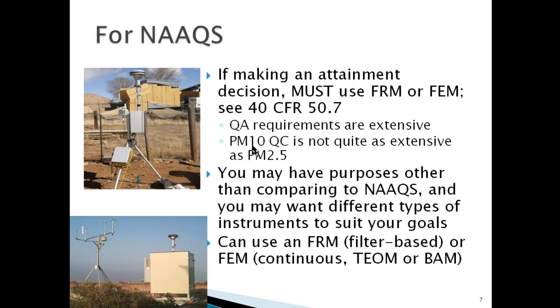A colleague of mine monitors for PM10 at the White Mountain Apache tribe, about 4 hours east of me here in the White Mountains in Arizona, and he operates 2 continuous PM10 monitors that are FEM, federal equivalent methods. I have a picture of him on the last slide. He reports that data to EPA, and he's almost got a full 3 years of data, and his air so far looks like it is in attainment.